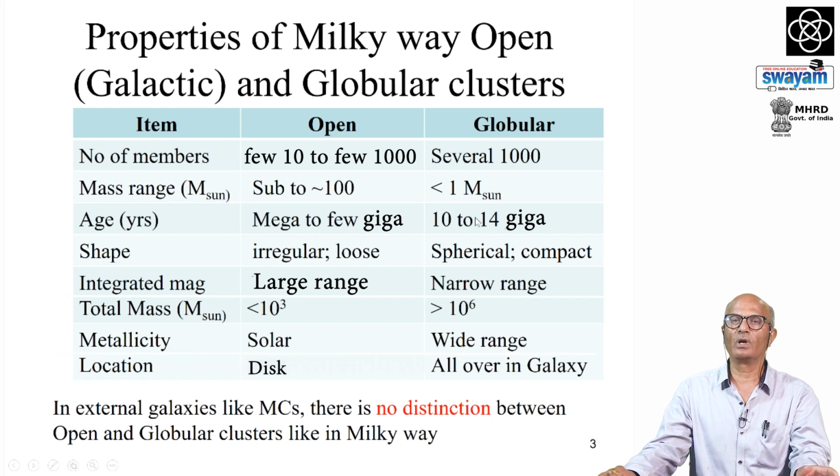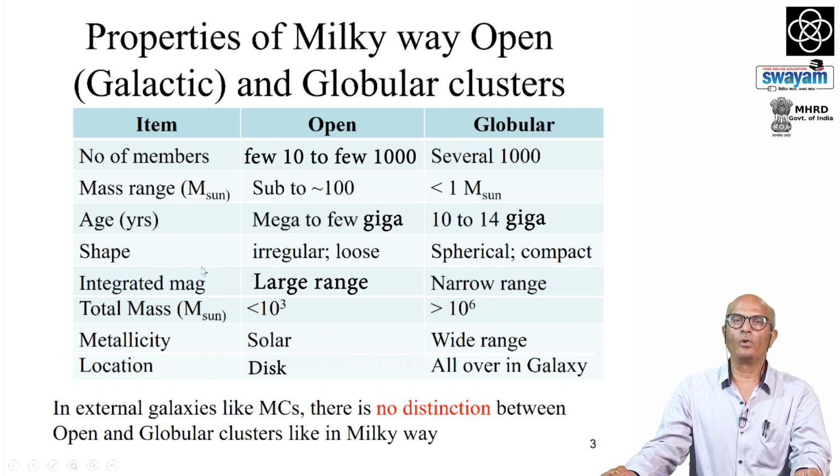On the other hand, globular cluster formation must have taken place somewhat earlier, because their age is more than 10 giga year. In shape, open clusters are loose and irregular, while globular clusters are spherical, very compact and strongly bound gravitationally.